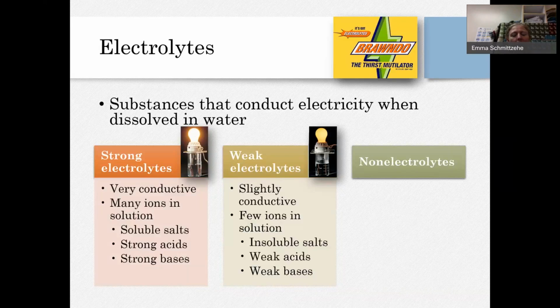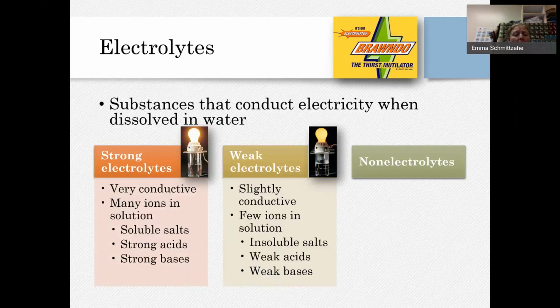So salts, again, that's kind of a generic name for an ionic compound. If it's insoluble, a little bit of it still breaks up in solution. You put it into water and most of it stays solid, but a few ions break free. And so those few ions that are floating around in that solution can conduct electricity.